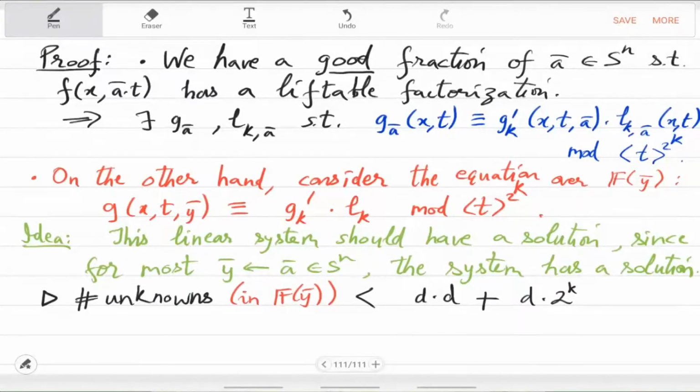Okay, that is the bound. This is for G and this is for L k. Then we can estimate it as follows. I did not tell you what k is, how big k should be. So let me add that.